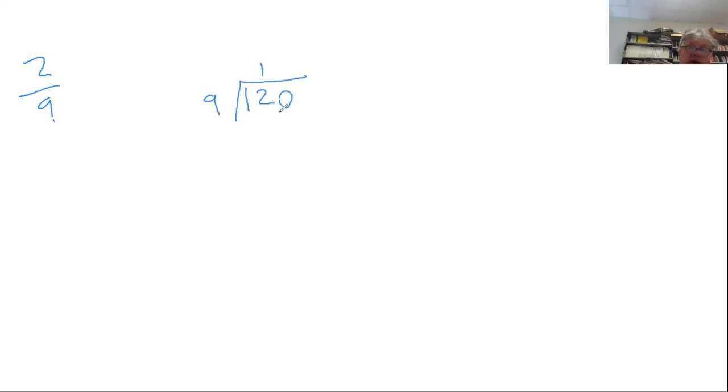And that goes 13, remainder 3. The 3 we raise again. We multiply by 60. 3 times 60 is 180. We divide by 9, and that goes in 20. So we get 13, 20 is our answer.